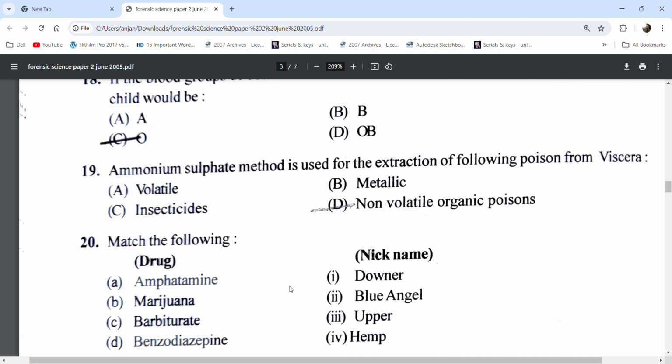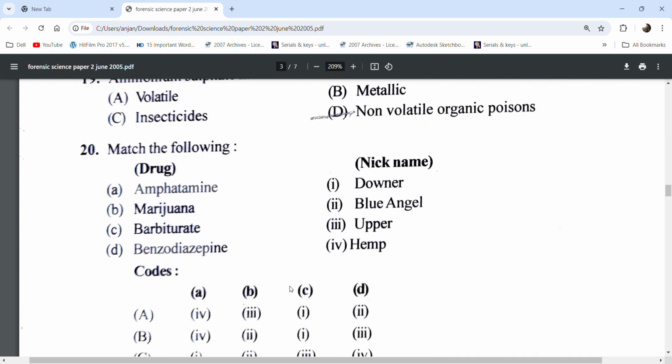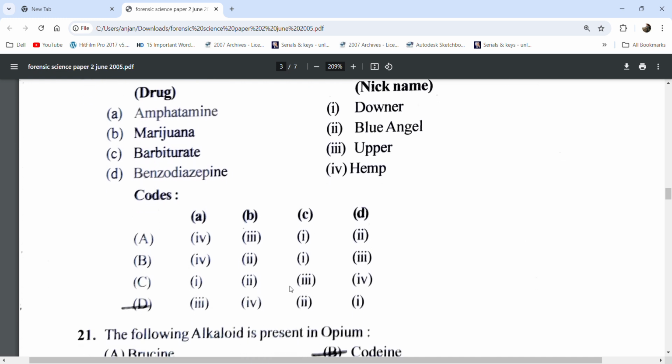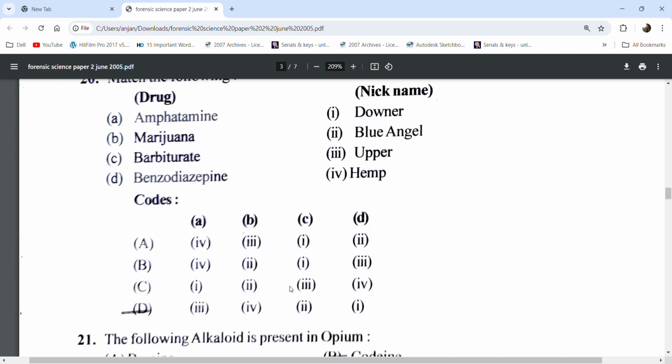Ammonium sulfate method is used to extract the following poison from viscera: non-volatile organic poison. Match the following, drug and nickname: amphetamine, upper; marijuana, blue angel, barbiturate.